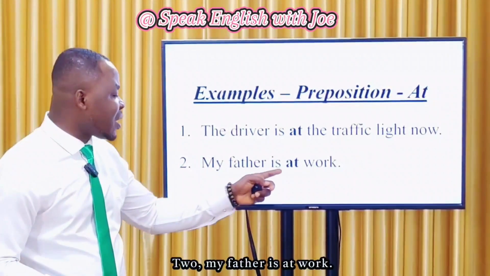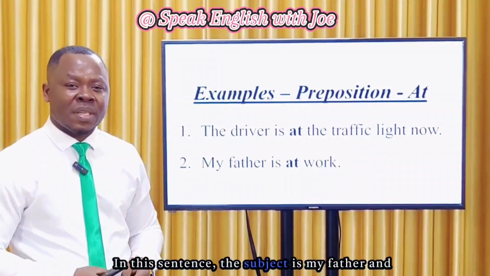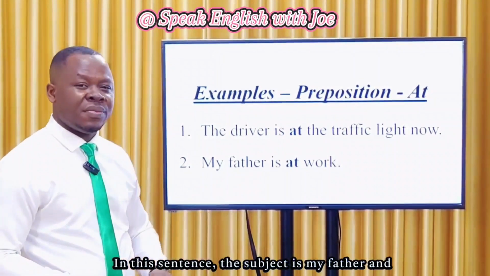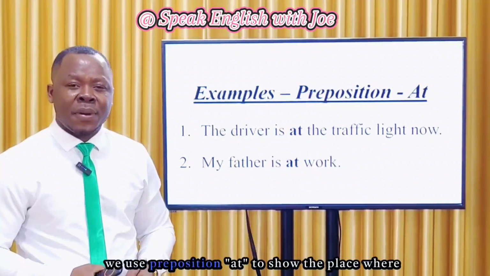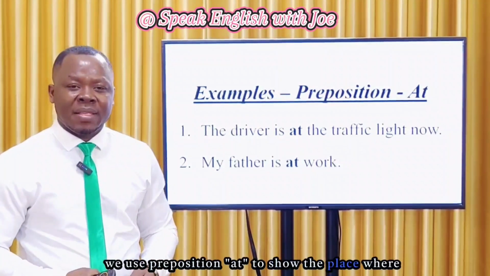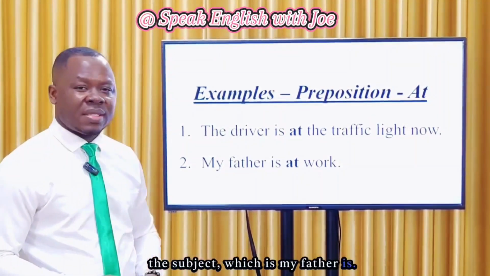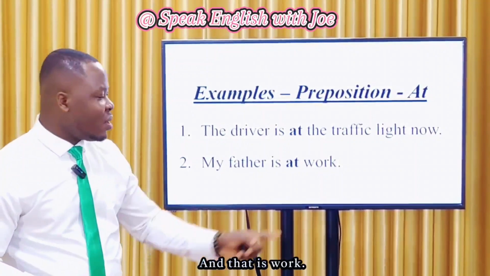My father is at work. In this sentence, the subject is my father, and we use preposition at to show the place where the subject, which is my father, is, and that is work.